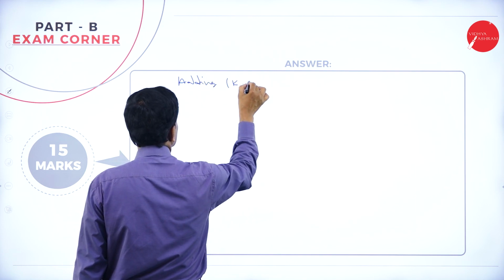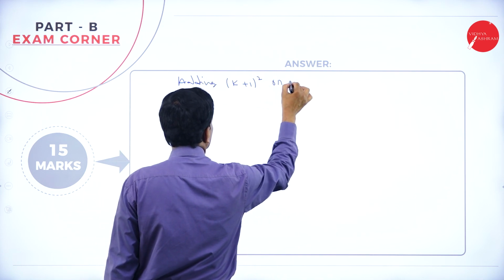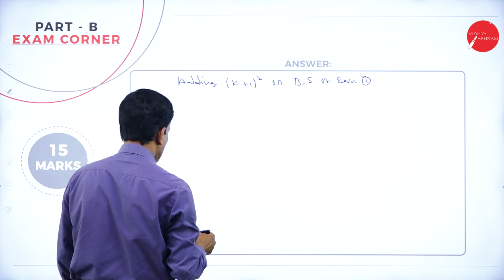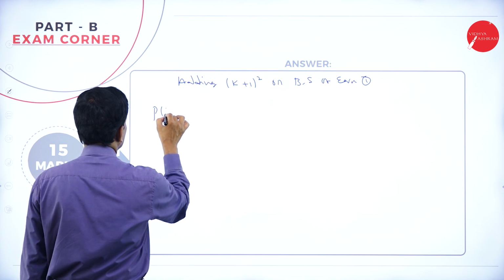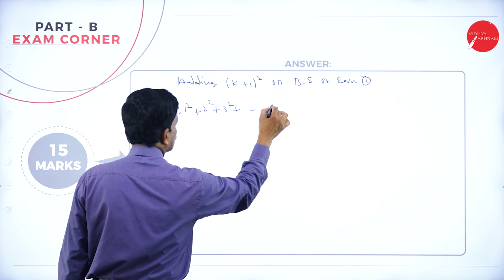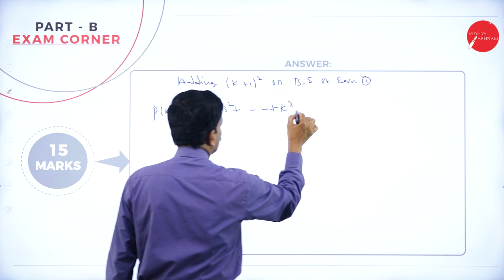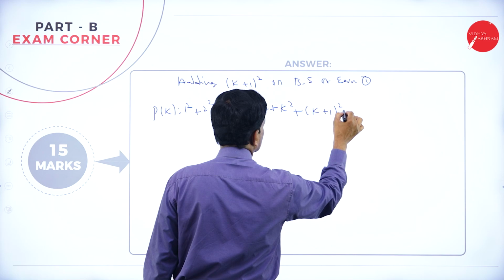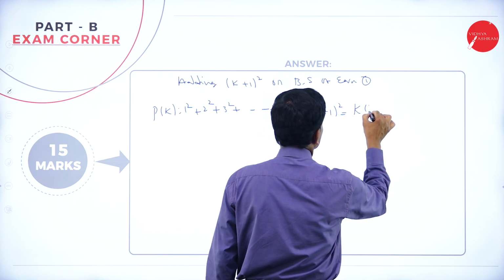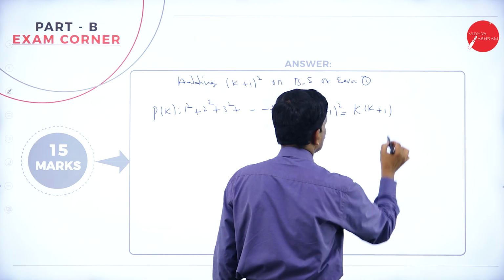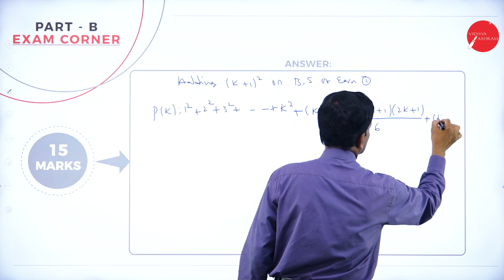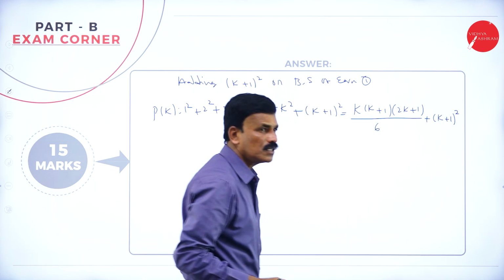Adding (k plus 1) whole square on both sides of equation number 1, so then what you will get? From equation 1, P of k, 1 square plus 2 square plus 3 square etc. plus k square plus (k plus 1) whole square is equal to k into (k plus 1) into (2k plus 1) divided by 6 plus (k plus 1) whole square. Now simplify this.